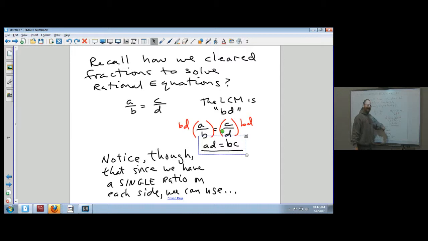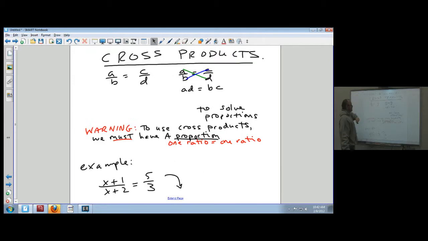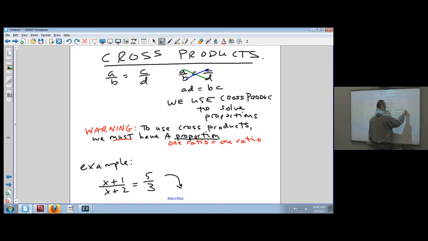It is, isn't it? So by clearing the fractions with a proportion, we end up with the same thing we get when we use a cross product. So, we can use cross products to solve proportions.